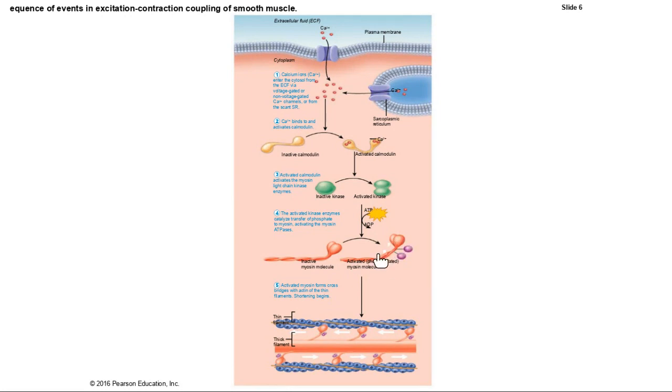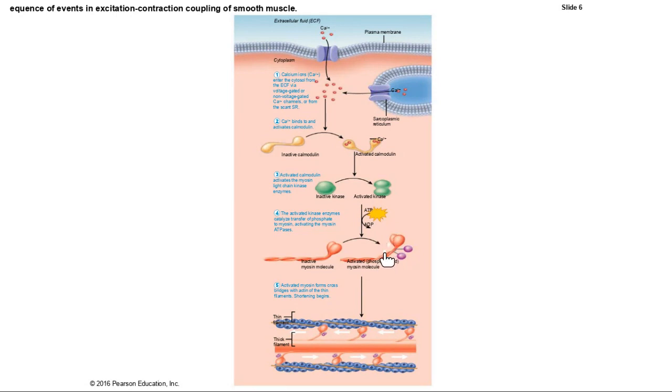Remember how we saw with skeletal muscle that hydrolysis of ATP on the myosin head caused the myosin head to move upwards, to sort of lift up so that it could be close to the thin filament. Well, we have a similar deal here.